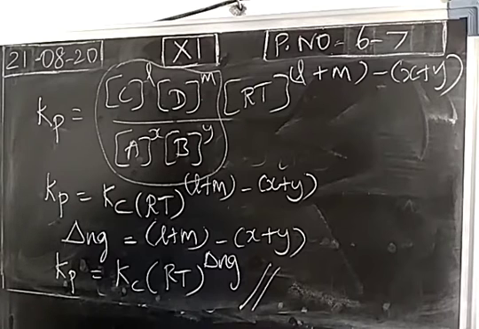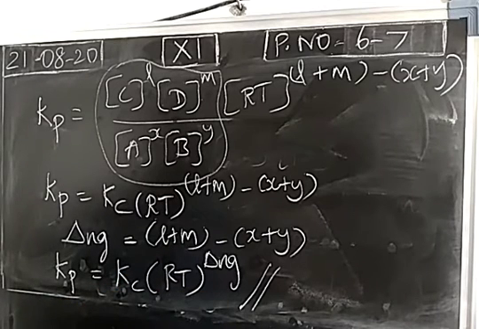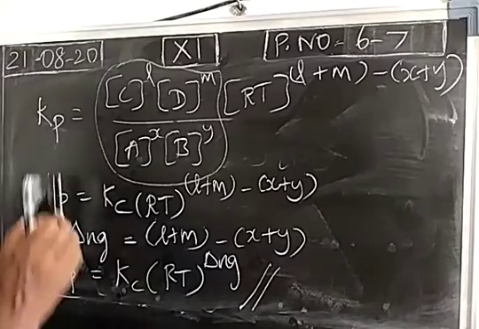For the general equation, we may write the Kc as well as Kp formula. Using the ideal gas equation, you just substitute the partial pressure of reactants and products. Finally, you will get the relationship between Kp as well as Kc. So Kp is equal to Kc, RT power delta Ng. This is the difference between the sum of number of moles of products and the sum of number of moles of reactants. So with this, the 5 mark question is over.